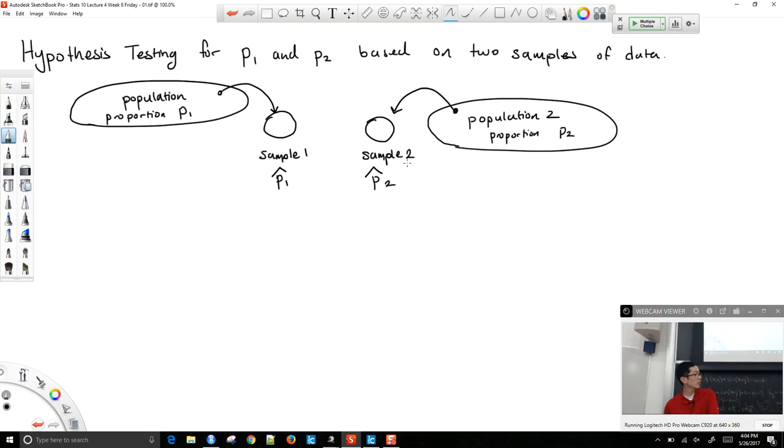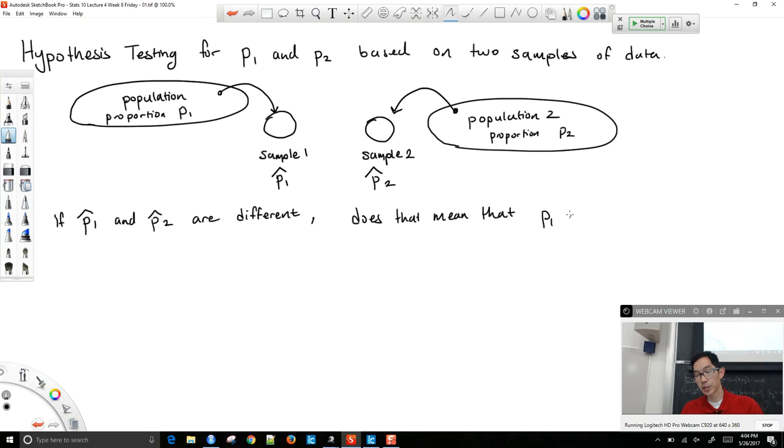And the question is, if P hat 1 is different from P hat 2, which is almost certainly the case, does that mean that P1 and P2 are different? Or is it possible that P1 and P2 are the same, and the reason we got different P hat 1 and P hat 2 is because of random sampling?